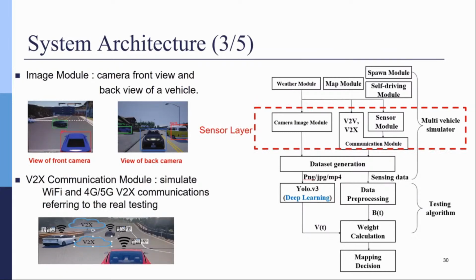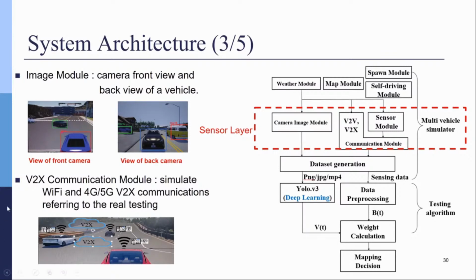The sensor layer is divided into three modules. They are the camera image module, V2X communication module, and sensor module. The camera image module is to collect the image data of the main vehicle. Here we can see some examples.